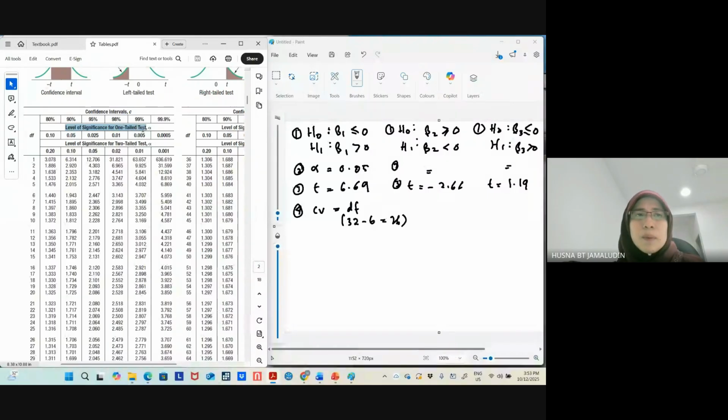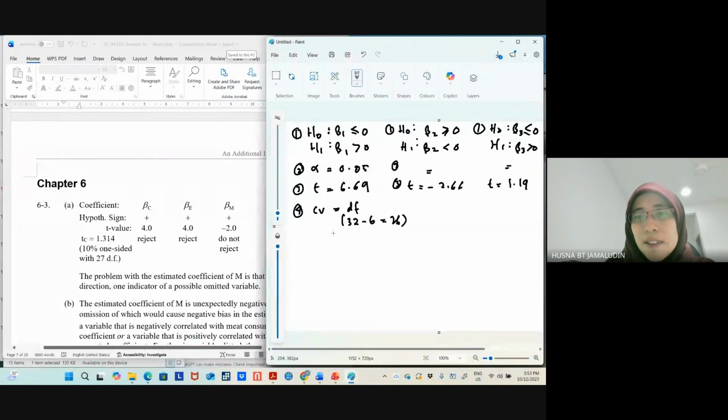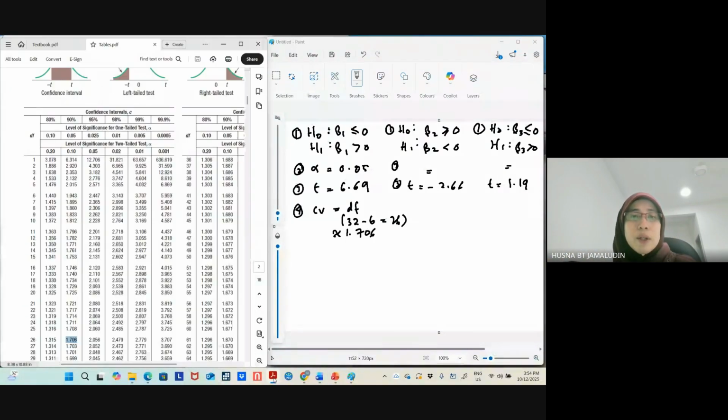Next, what is your alpha? Alpha is 5%, 0.05. And then you have to go down until 26. Where is 26 just now? Which is 1.706. Okay, so you got the CV equals 1.706. Remember, CV will tell you the rejection region.